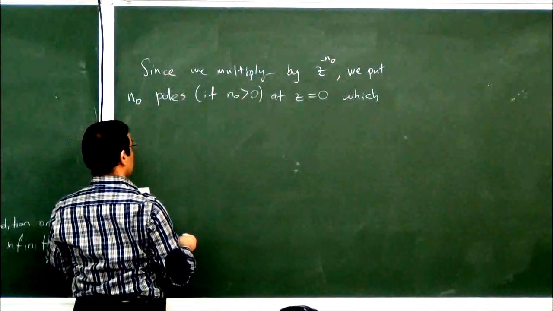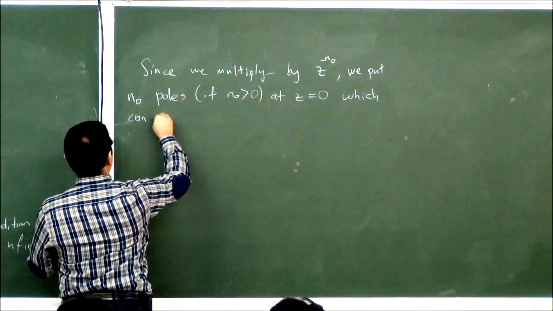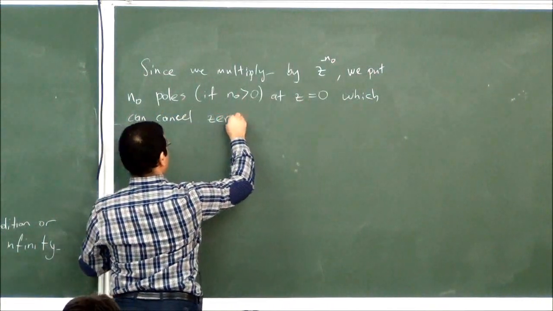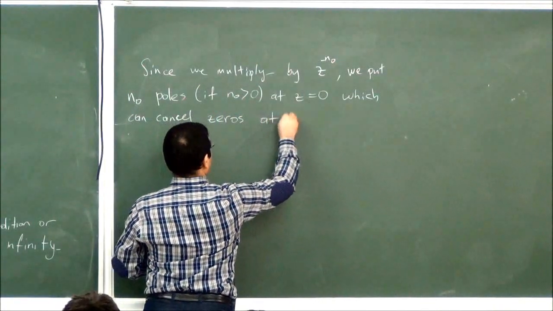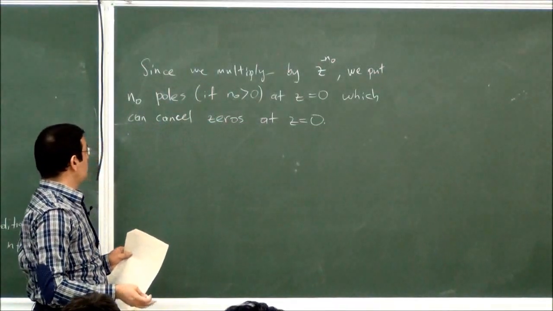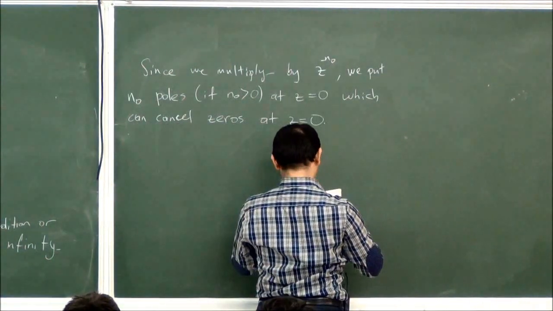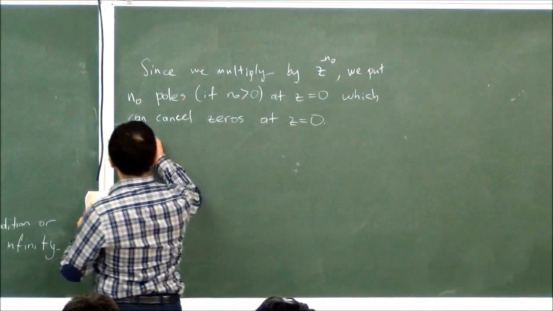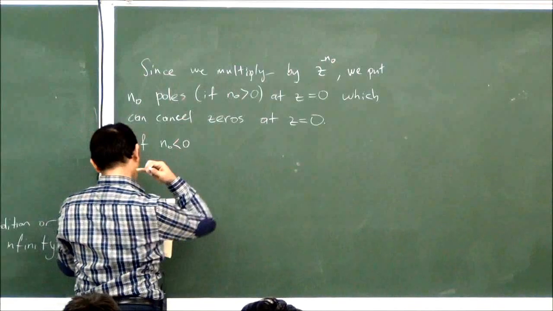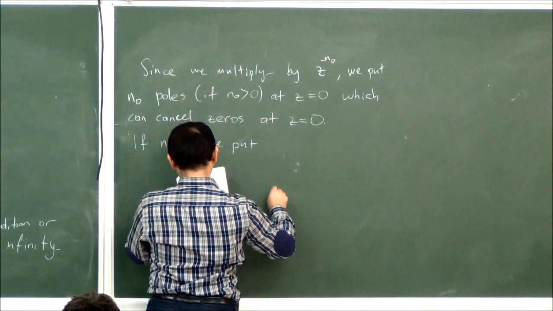If there are some zeros at the origin, then by doing this operation there is a cancellation, so you can cancel these zeros at z equal to 0. Or, if n0 is less than 0, in this case we put zeros.